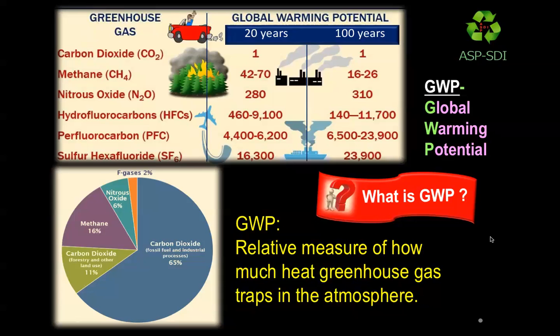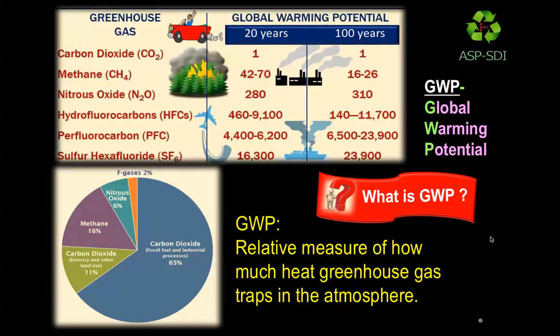So when you compare it with the same mass of carbon dioxide, for a period of about 100 years, methane has a global warming potential of 25. That means over a period of 100 years, methane is 25 times deadlier than carbon dioxide.